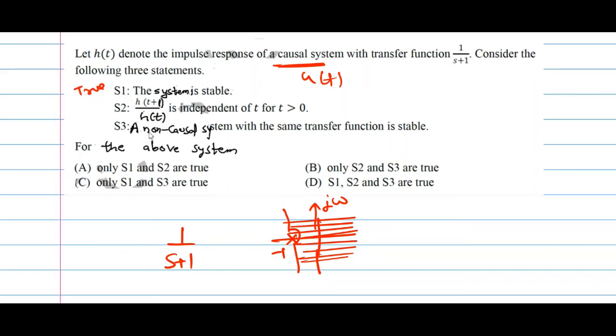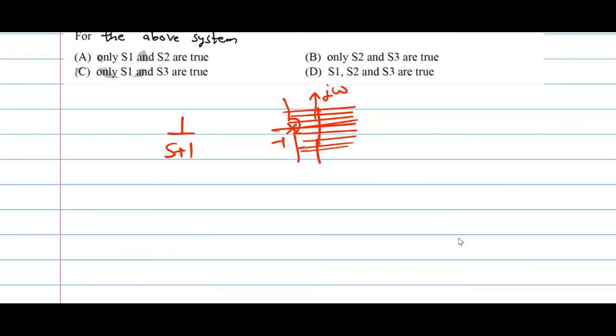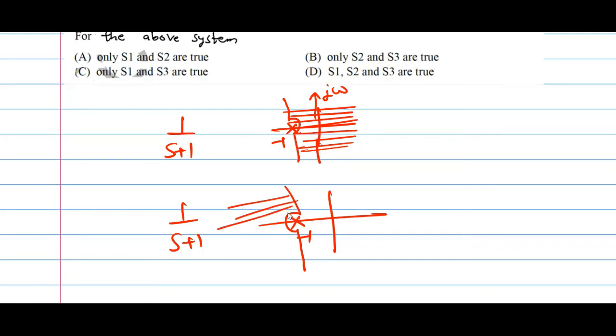Now let's look at statement 3. A non-causal system with same transfer function is stable. So this is the transfer function 1 upon s plus 1. Same transfer function means 1 upon s plus 1. Now they are saying that it is non-causal. Non-causal means, first of all mark the pole. So the pole is at -1, and they are mentioning it is non-causal. Non-causal means it will go towards the left hand side.